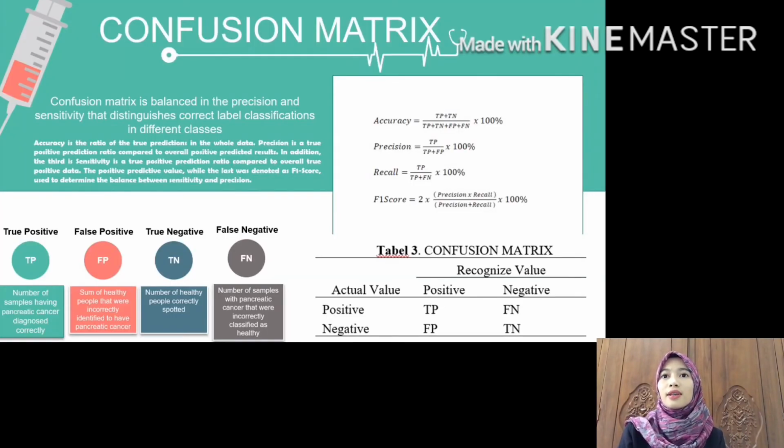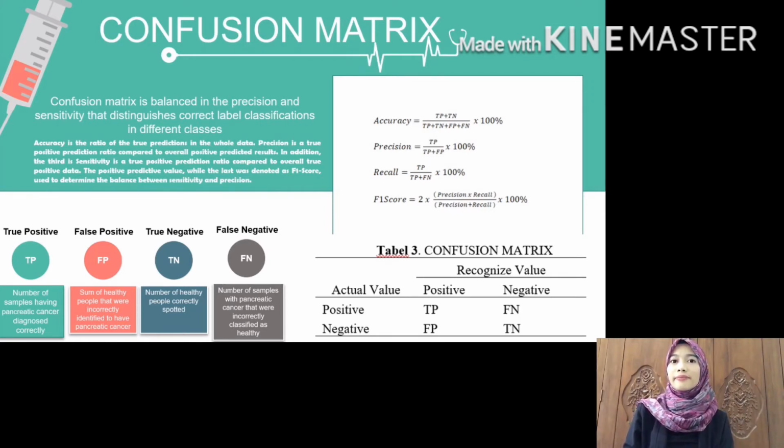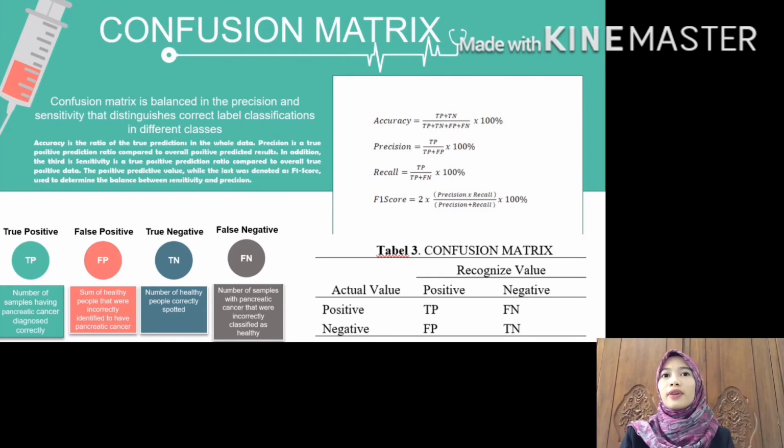The confusion matrix is balanced in the precision and sensitivity that distinguish correct label classification in the different classes. In the confusion matrix, there are true positive, false positive, true negative, and false negative. True positive is the number of samples having a pancreatic cancer diagnosis. False positive is the sum of healthy people that were incorrectly identified to have pancreatic cancer.